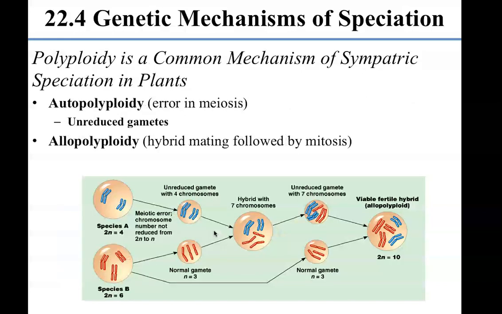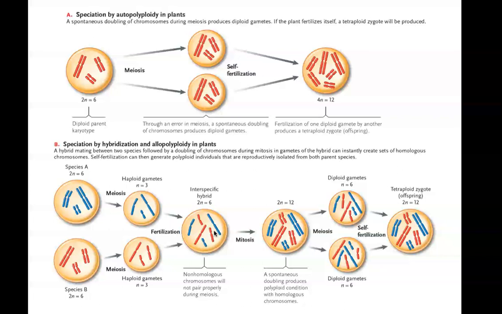So back to polyploidy. There are two subcategories that we need to talk about: autopolyploidy and allopolyploidy. Actually, let me go to the next slide. In the top image, this is how autopolyploidy works. Let me define it.